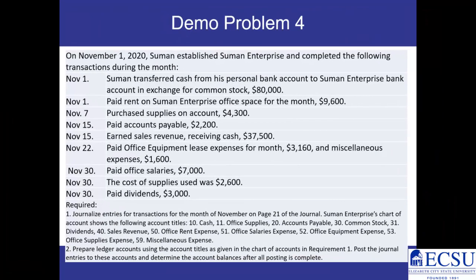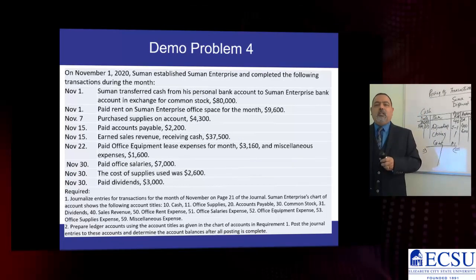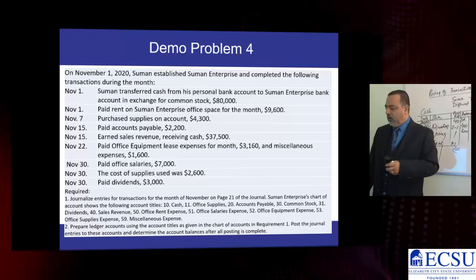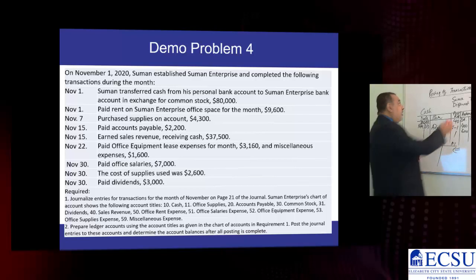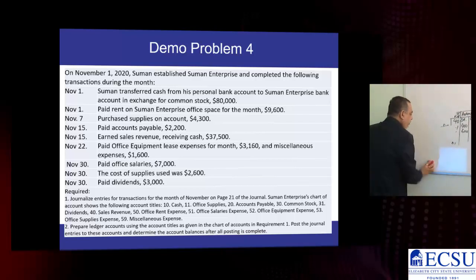On November 1st, 2020, Suman established Suman Enterprise and completed the following transactions during the month. November 1, Suman transferred cash from his personal bank account to the Suman Enterprise bank account in exchange for common stock. Now, in the past, what we have been talking about is the journal.